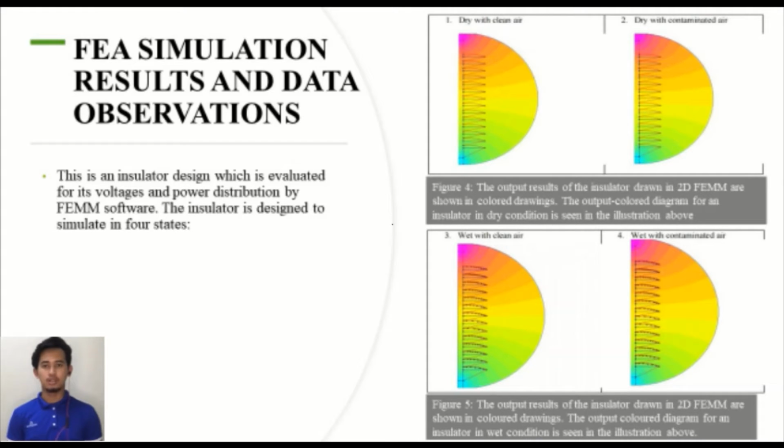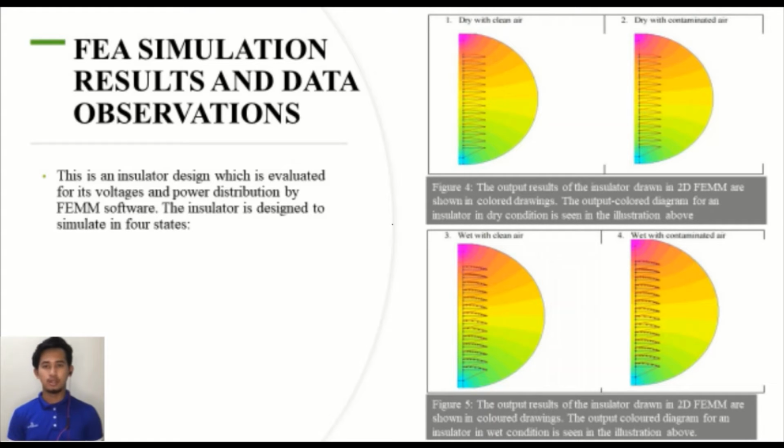The output colored diagram for an insulator in dry condition is seen in the illustration above. Figure 5 shows the output result of the insulator drawing into the FEMM, shown in colored drawing.